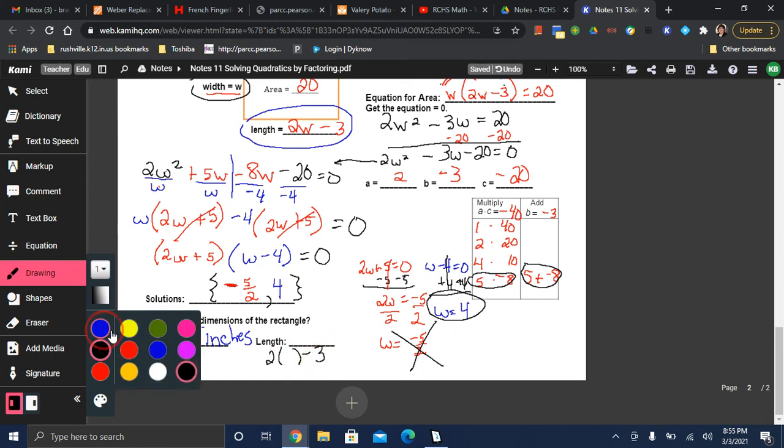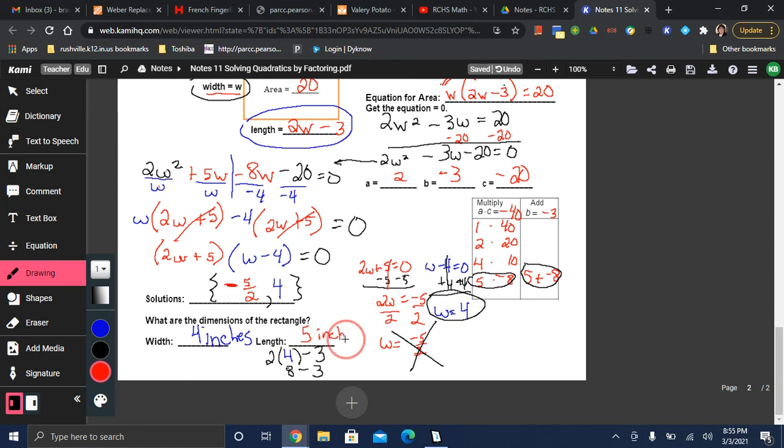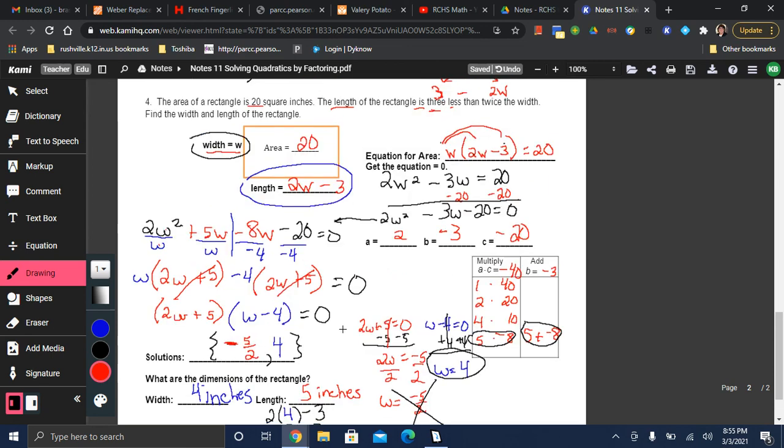Well, my w was that 4. So I've got to do 2 times 4, which is 8, minus 3, and 8 minus 3 gives me 5, and my units would be the same, 5 inches. So we have 4 inches and 5 inches as the width and length of this rectangle.